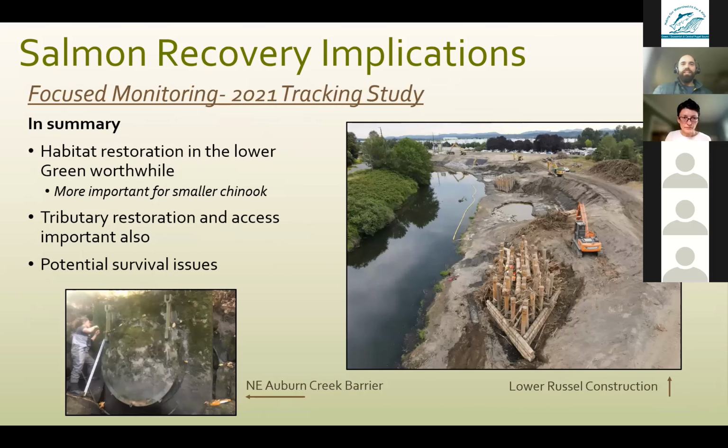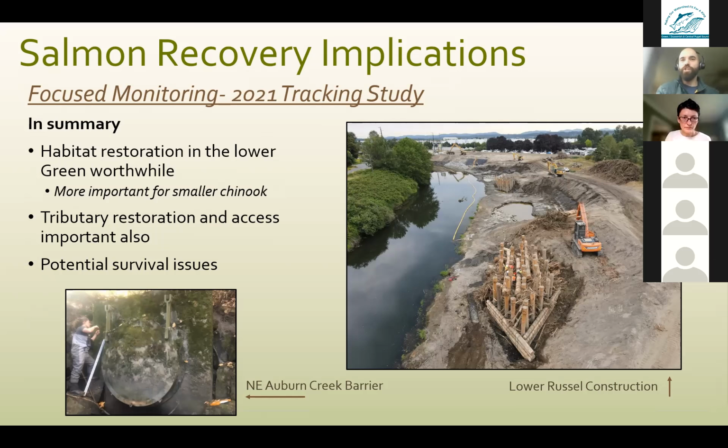So in the context of salmon recovery, like I mentioned, these results say that yes, habitat restoration in the lower Green is worthwhile. So it's great to know that we're on the right path. And with some of this data too, it's good to know that the types of habitat we're building to support those small Chinook is definitely where we need to be spending our money.